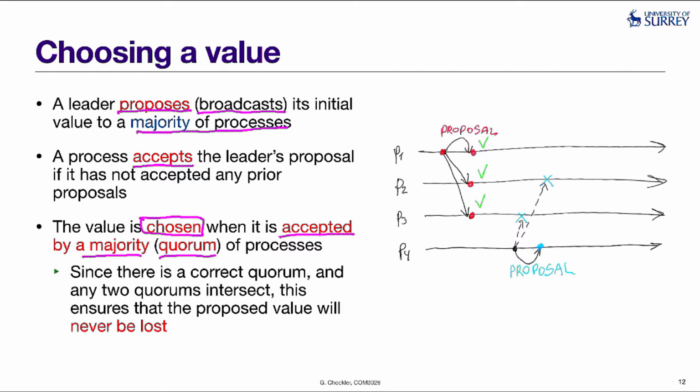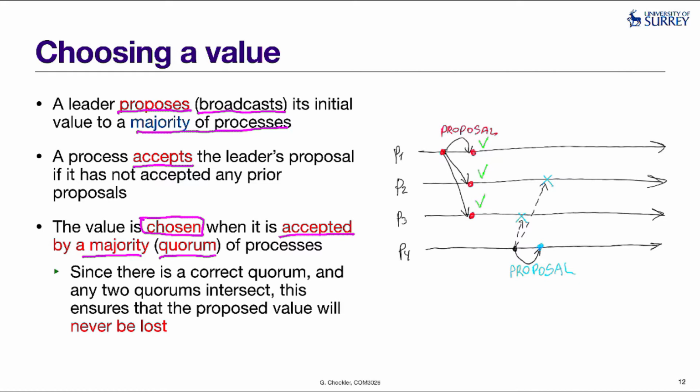And since any two majorities or any two quorums intersect, that means that even if processes in the initial quorum that accepted a value fail, at least one process in this quorum will survive and will carry over this value to the rest of the system. Okay. So that motivates this notion of a chosen value as the value that was accepted by a majority of processes.